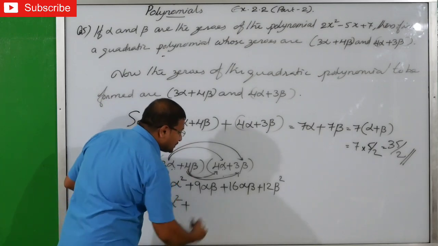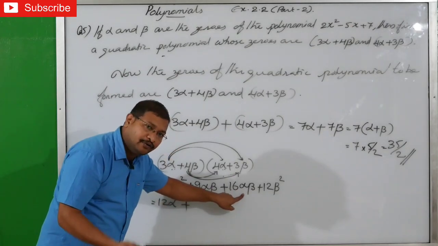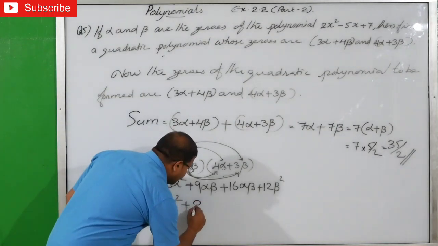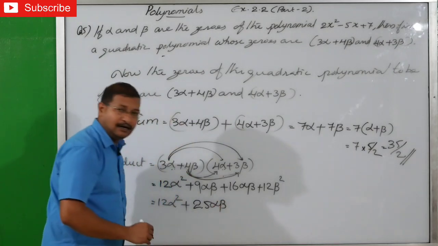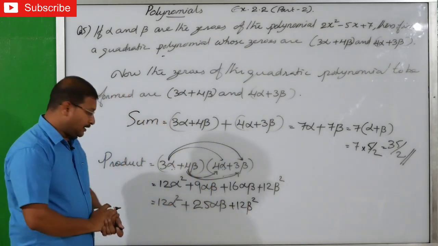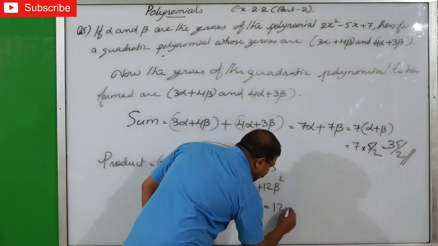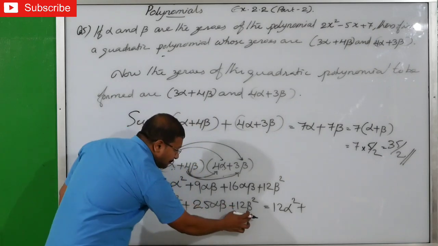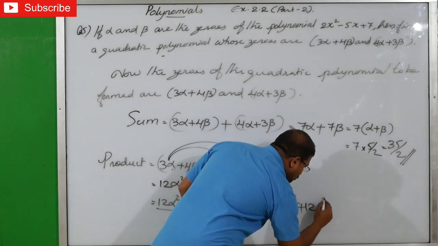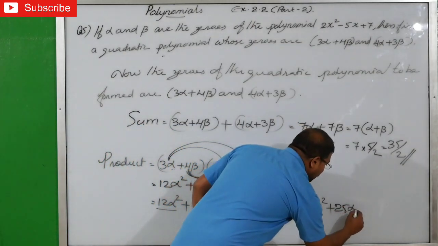alpha beta plus 16 alpha beta. These two terms are the same alpha beta, so we can add them: 16 plus 9, that is 25 alpha beta. Now we bring the 12 beta square next to 12 alpha square, plus the balance 25 alpha beta.